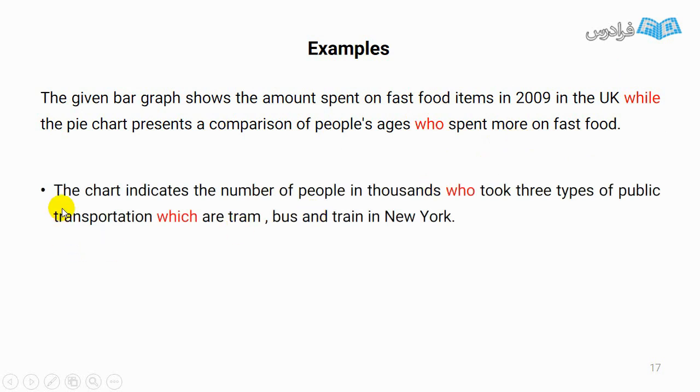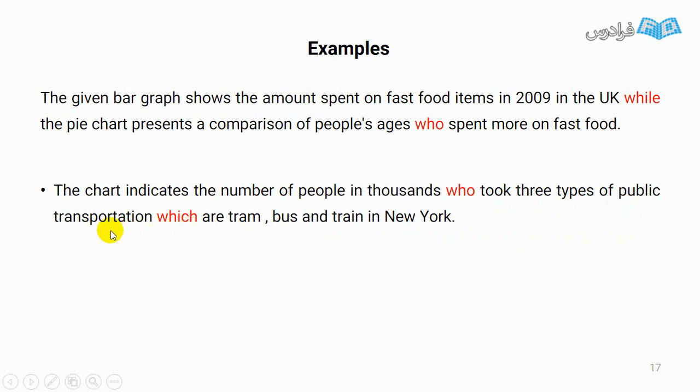Or this one. The chart indicates the number of people in thousands who took three types of public transportation, which are tram, bus, and train in New York. Here, again, I want to introduce a noun. Give more information. Then I use who, people. Okay, which people? People who took three types of public transportation.